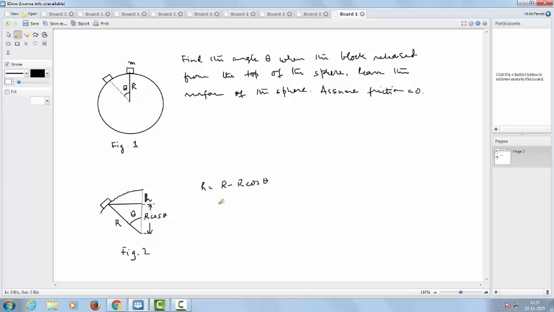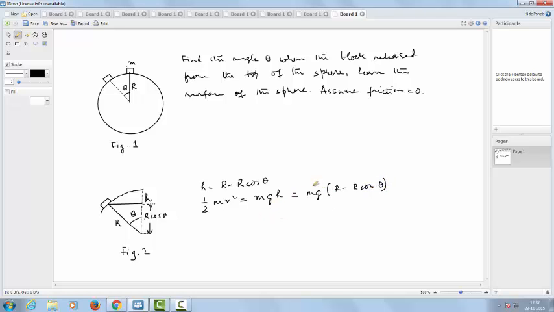Now we can equate the loss of potential energy to the gain in kinetic energy. So we can write half m v square equal to m g h, where v is the velocity at this point of the block, and this is equal to m g times (r minus r cosine theta).